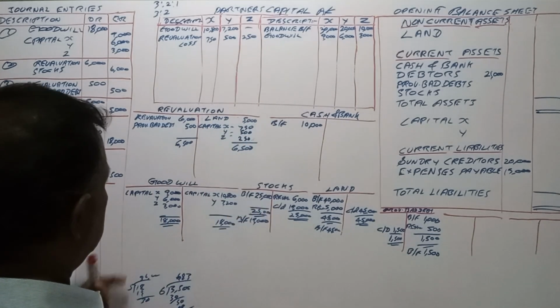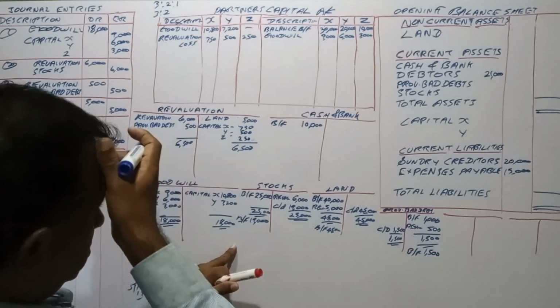The cash account stays as it is. This also won't be there.